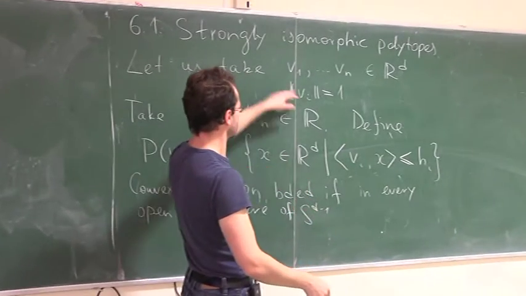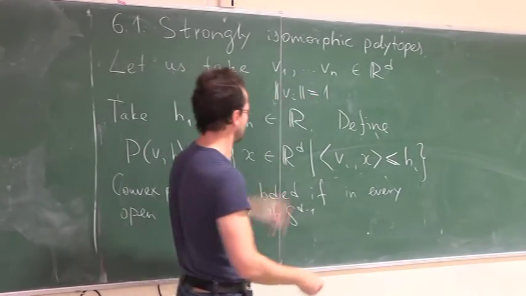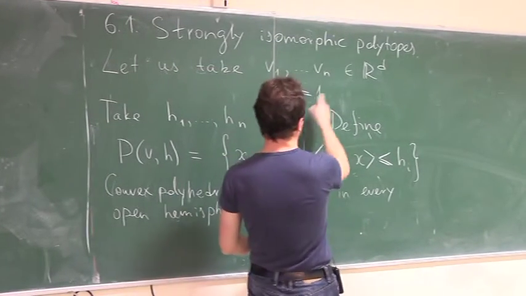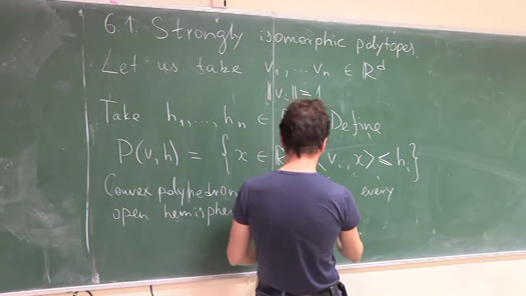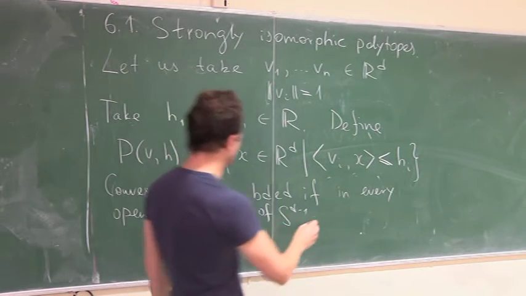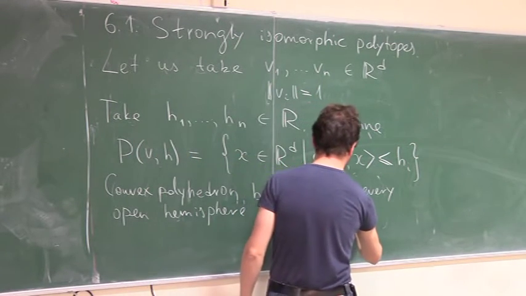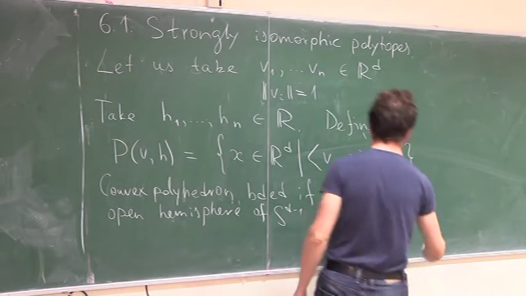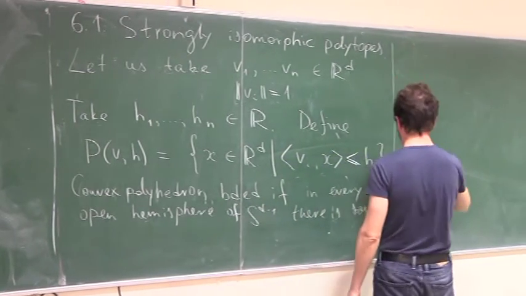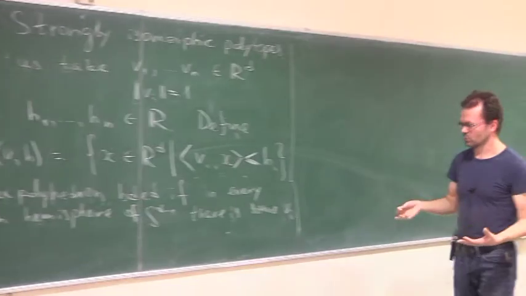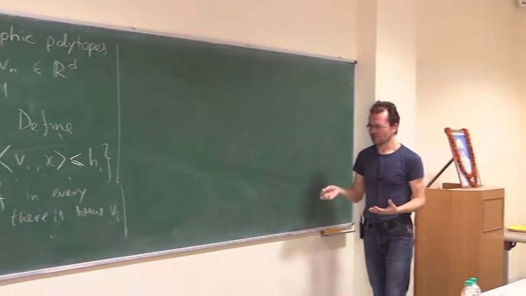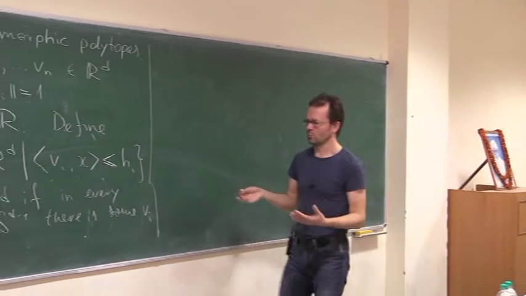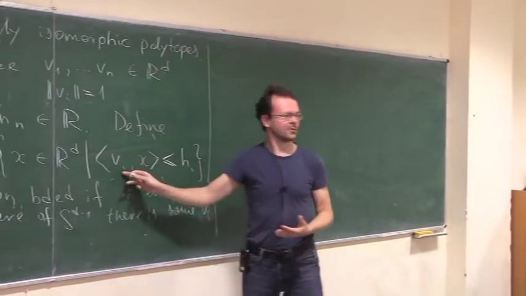S^(d-1) is always seen as the set of all points with norm equal 1. So these Vi's actually lie in S^(d-1). And if in every open hemisphere there is some Vi, good, so in that case this is a convex polytope, and facets of this polytope have outward unit normals Vi.